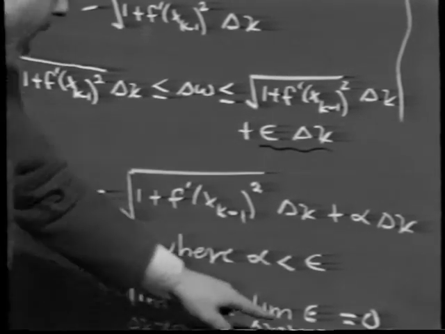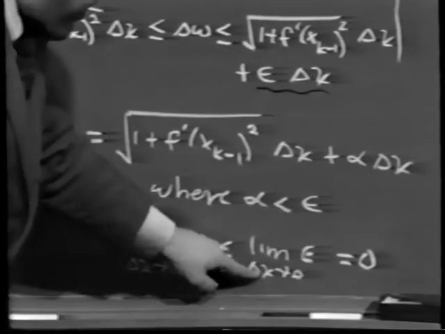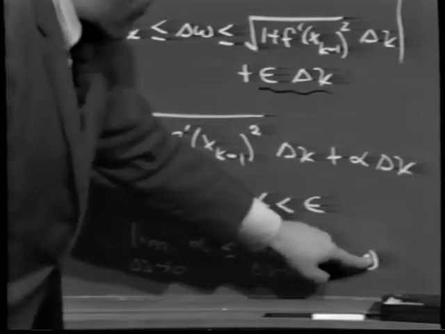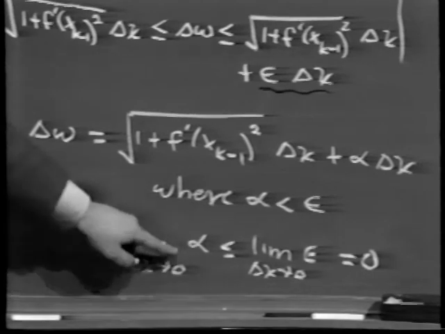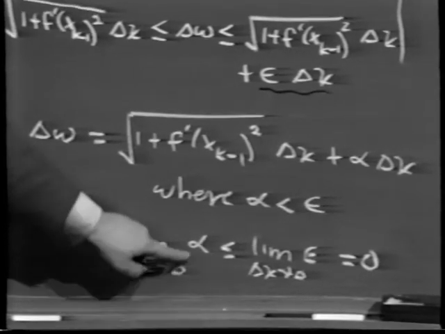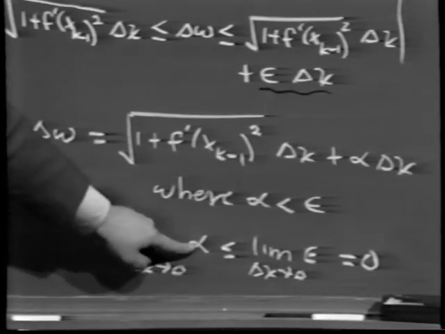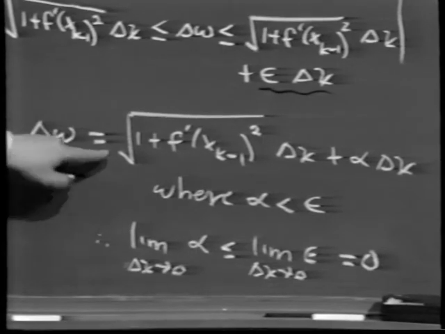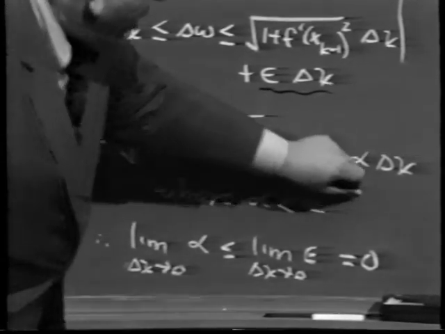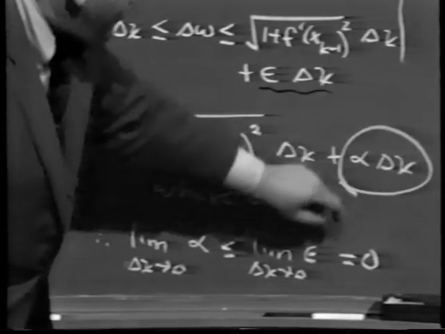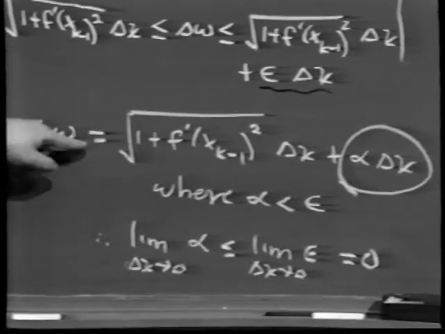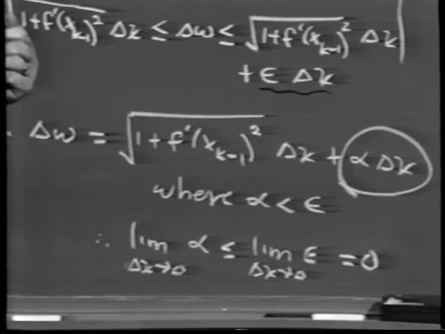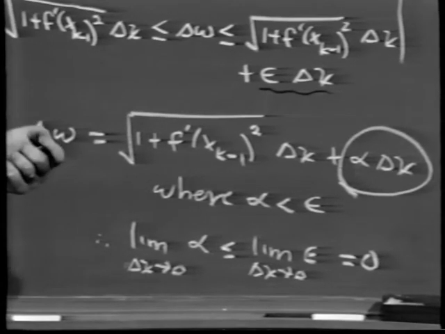Well, look at, as delta x approaches 0, so does epsilon. And since alpha is no bigger than epsilon, it must be that as delta x approaches 0, so does alpha approach 0. In other words, if we now write delta W in this form, observe that in line with what we're saying, this is a higher order infinitesimal, and as a result, the intuitive approach can be used as the correct answer.